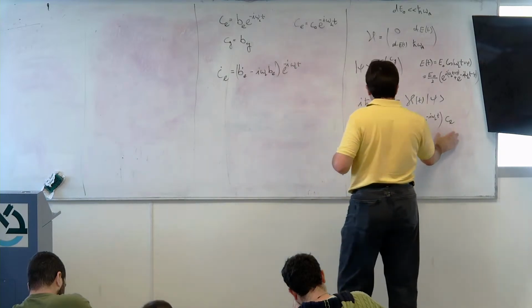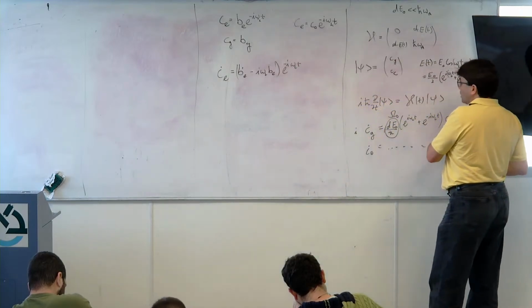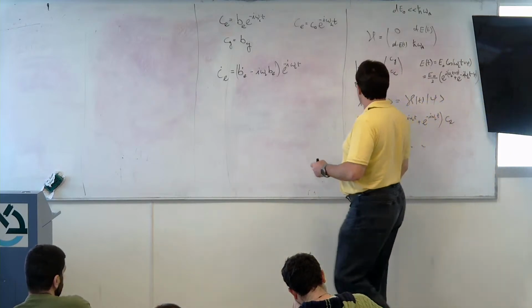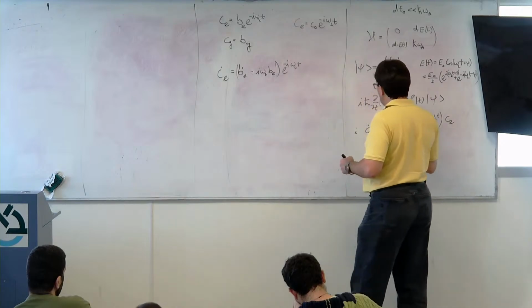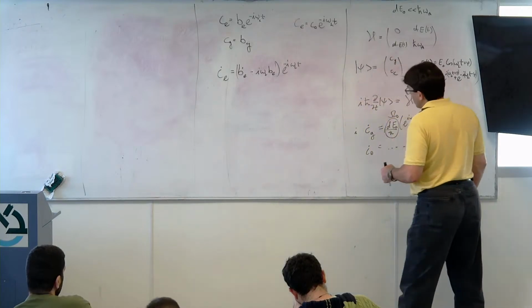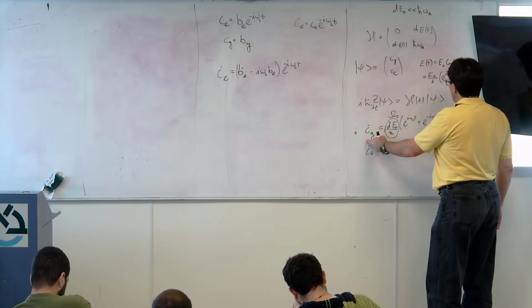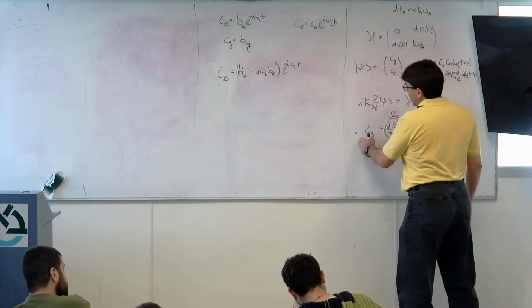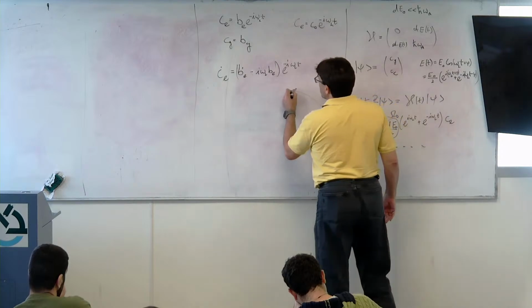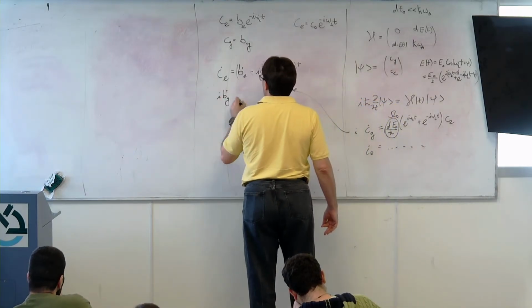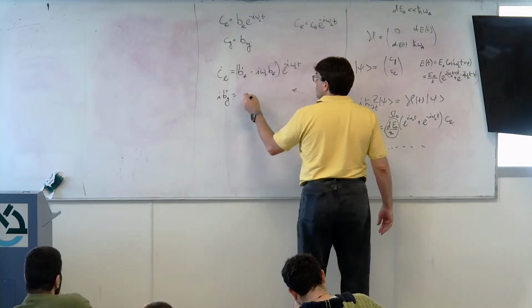let's just look again only at the ground part here. So if I look at this equation here, and I'll remind you that we can look at CG dot, okay? I'll replace that with BG. So that equation becomes just i BG dot equals what?